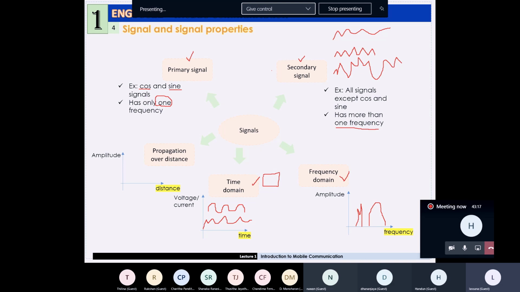This cathode ray oscilloscope is a device that can draw signals against time. Through it, you can see there is a screen, like a very small TV screen, where you can draw signals against time. Therefore, the cathode ray oscilloscope is a device that can show signals in the time domain.